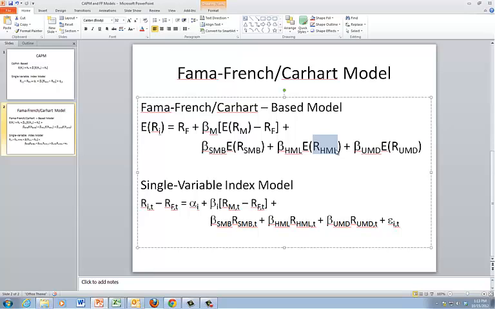We don't know the risk factor, but we can at least see the reward for bearing that risk, and all we have to do is scale it by the amount of that risk, beta HML. And the same logic holds for UMD. If the UMD portfolio results in positive and significant alphas, there must be a risk factor driving it. We don't necessarily know the risk factor, but we know the reward. So all we have to do is take the reward and multiply it by the amount of that risk factor that's inherent in the asset or the portfolio.